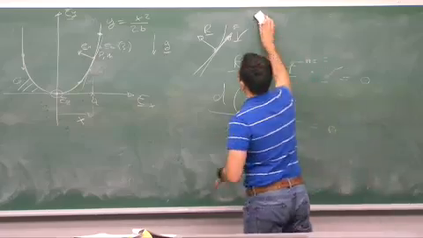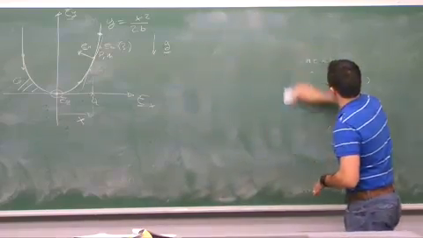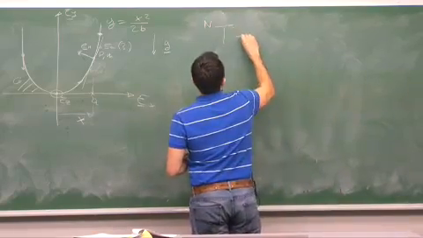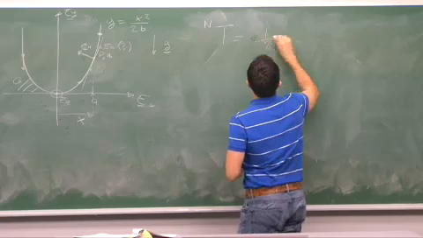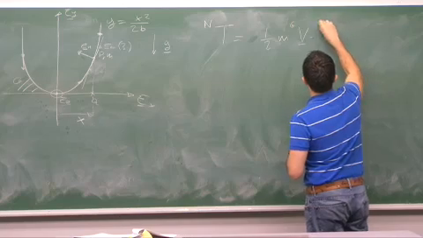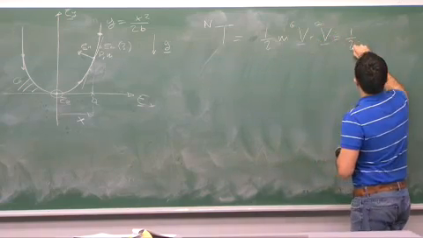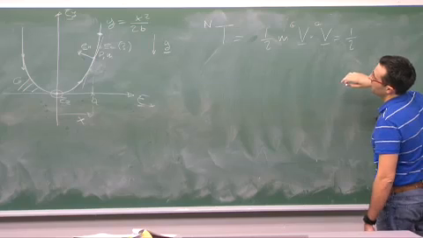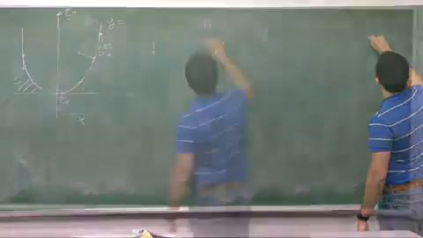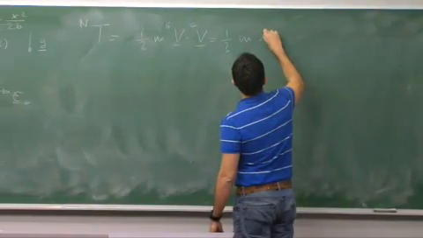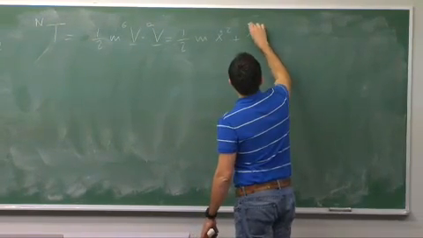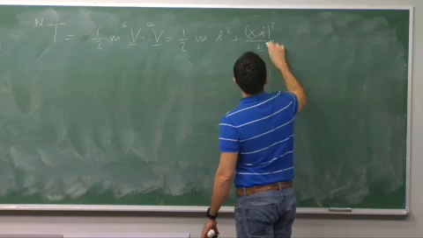Okay, I need to find T and U. Tn, did you write this last time? 1 over 2 m vg dotted with vg. Remember, g is inertial, so it is 1 over 2 that ugly expression squared. What is it? x dot squared plus x dot everything squared over b.